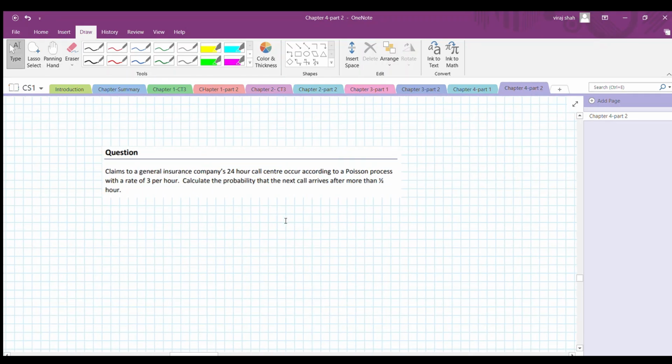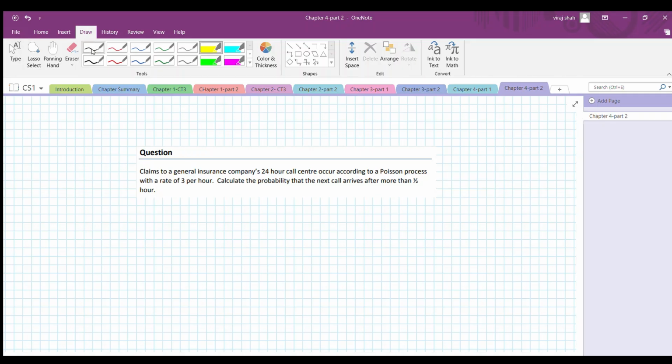So going ahead. Claims in a general insurance 24-hour call center follow a Poisson process with a rate of 3 per hour. So basically, X is nothing but claims in a general insurance call center, right?